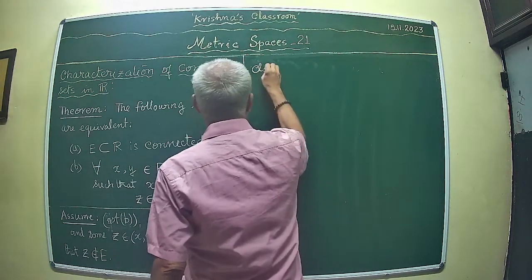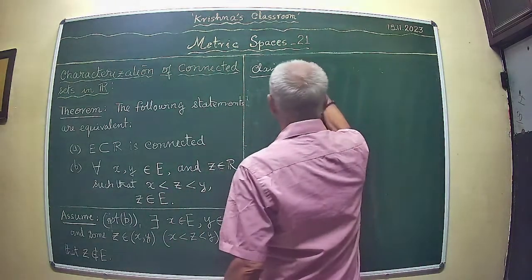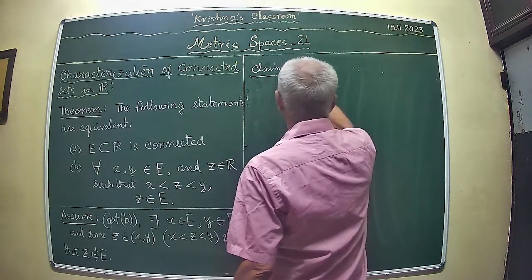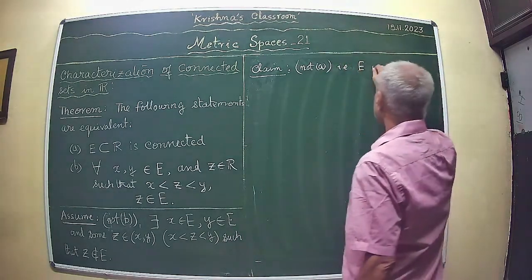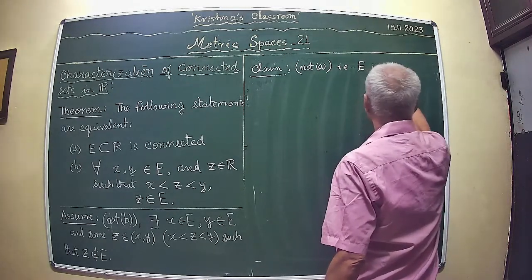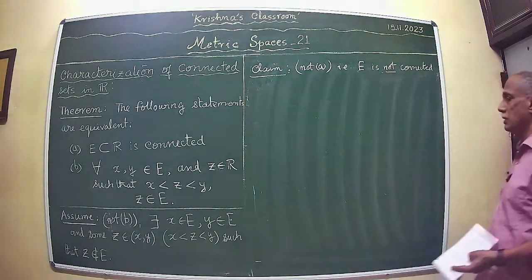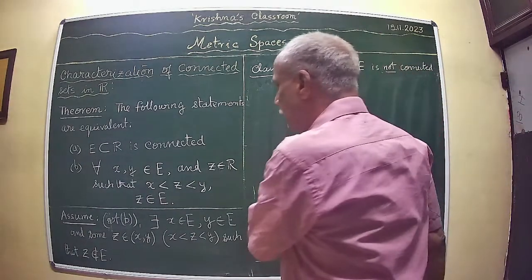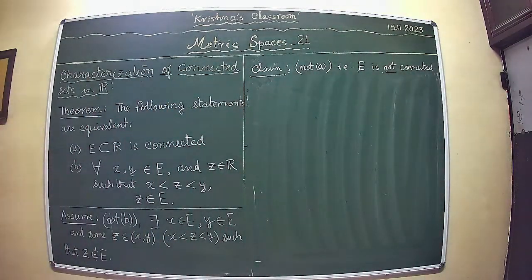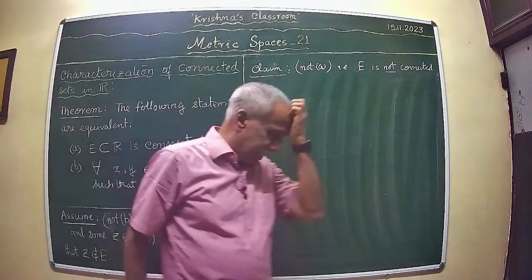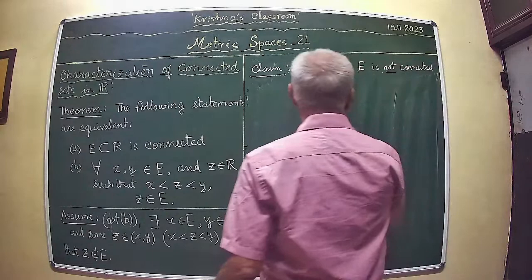Claim: E is not connected. So what do we mean by E is not connected? There exists non-empty separated sets A and B such that E is the union of A and B. So that is what we have to arrive at.